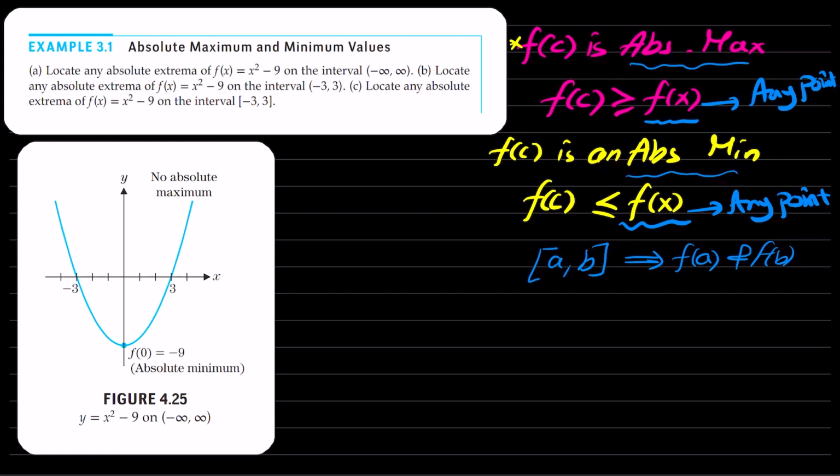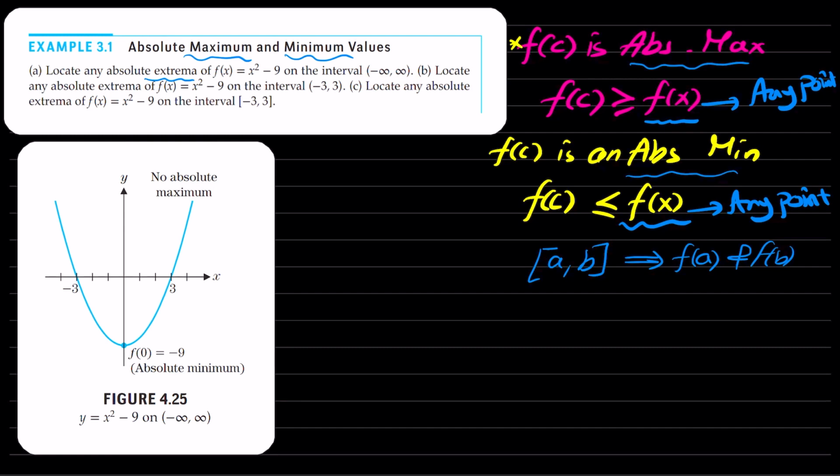Locate any absolute extrema. What is meant by absolute extrema? It means absolute maximum or minimum of the function f of x equals x squared minus 9 in the interval minus infinity to infinity.